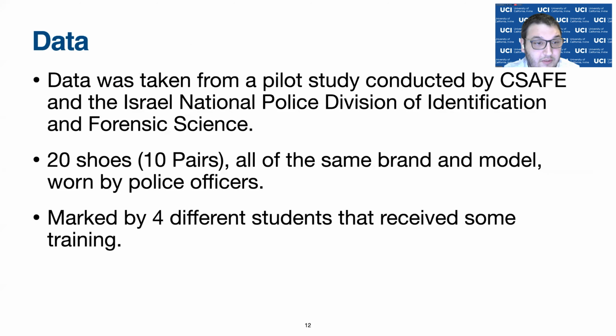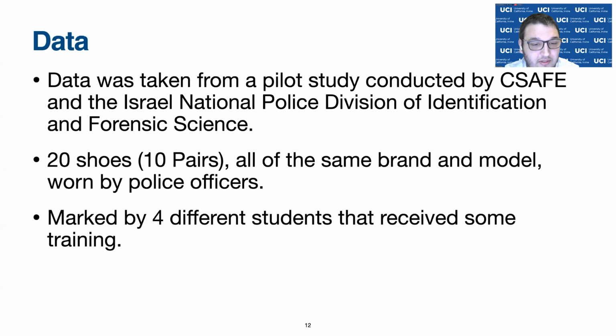So just a little more specific on the data. This data is from a pilot study conducted by CSAFE and the Israeli National Police Division of identification forensic science. We have 20 total shoes, so 10 pairs of shoes. They're all the same New Balance brand, and they are all worn by police officers.